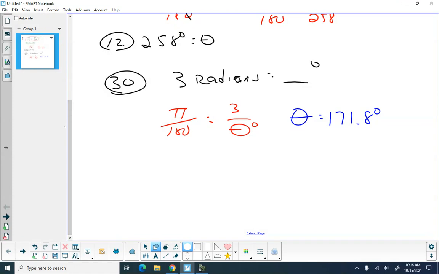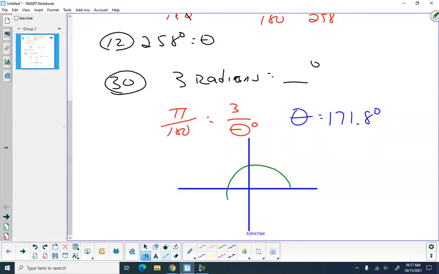Now, let's take a look at a circle here. If I can find one. If we take a look at a unit, no, that's ugly.